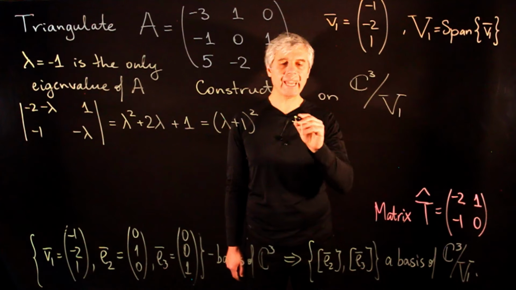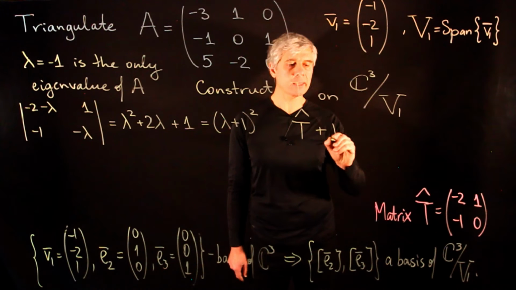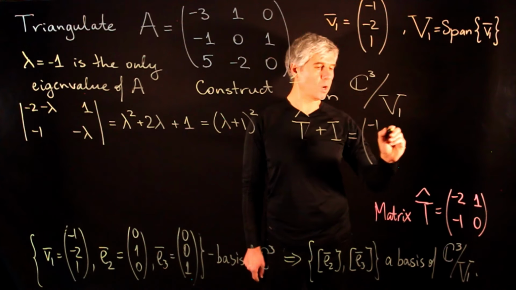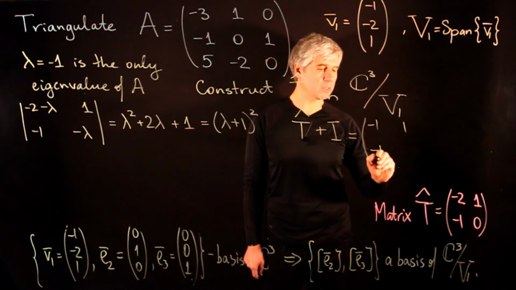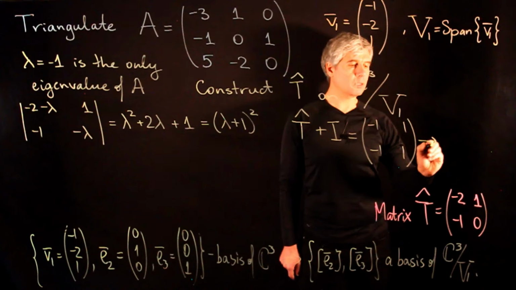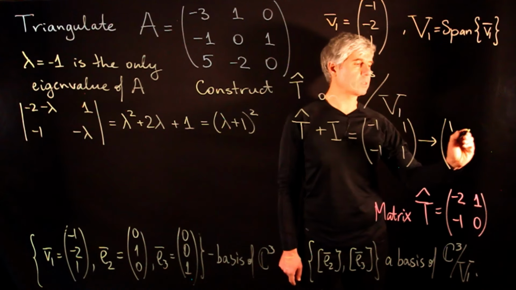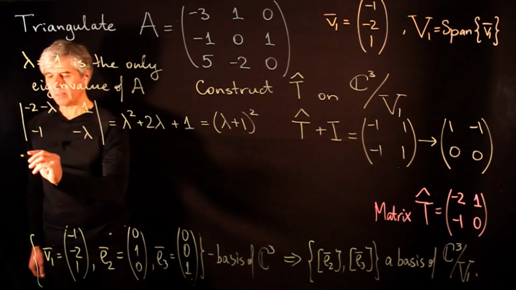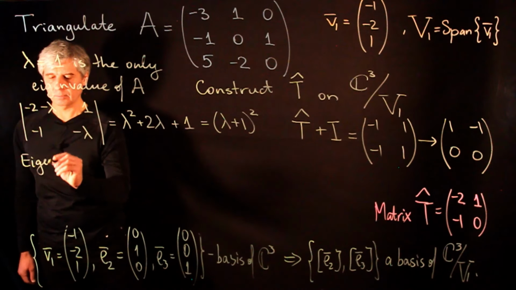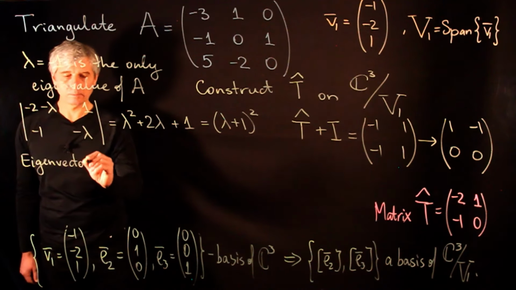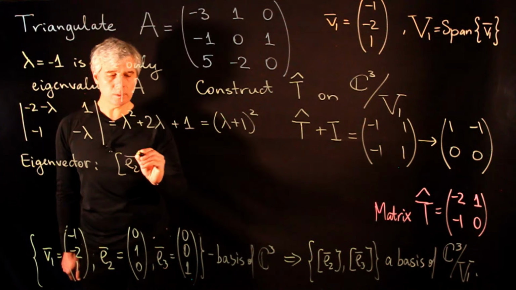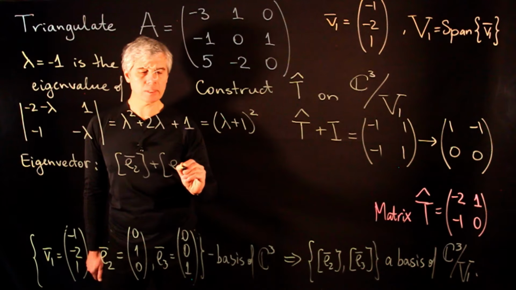So we take T hat plus I. So we get the matrix -1, 1, -1, 1. The reduced row echelon form of this matrix is 1, -1, 0, 0. And the eigenvector is going to be E2 plus the class of E3.